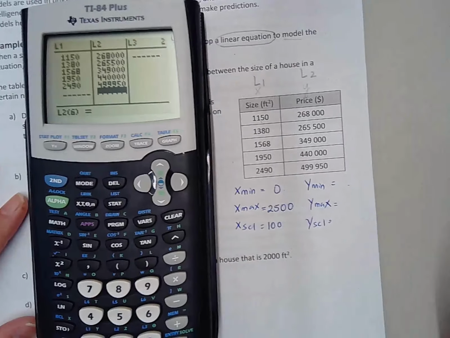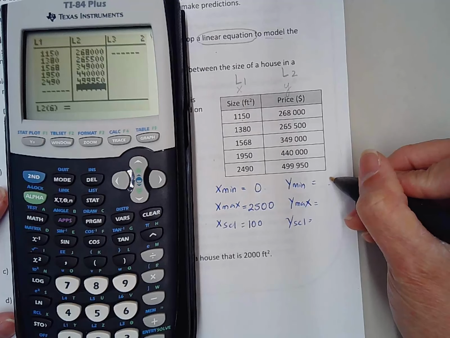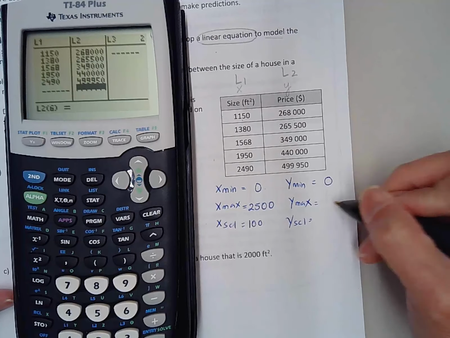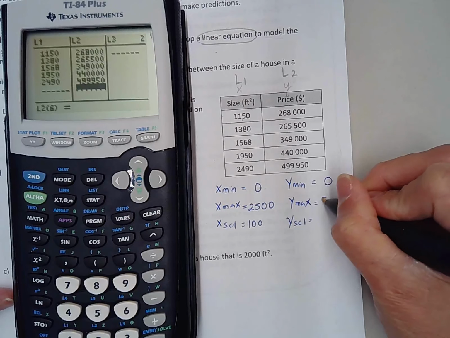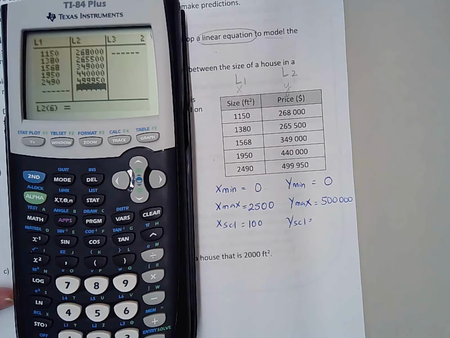Looking at the Y values, what do you think the Y values should be? Okay, we'll start with 0 for now. What do you think the Y max would be? 500,000. Okay, what's our Y scale? 1,000.